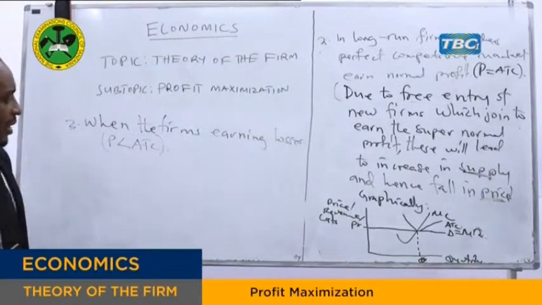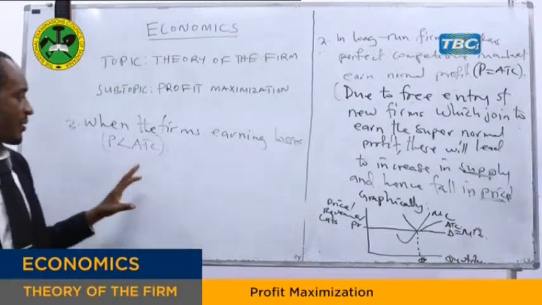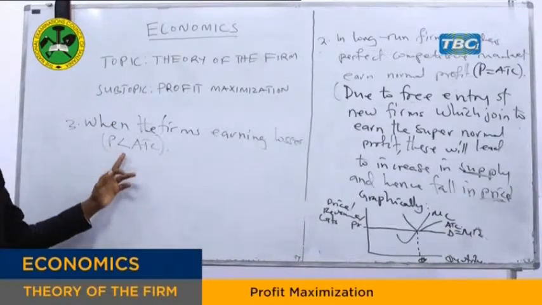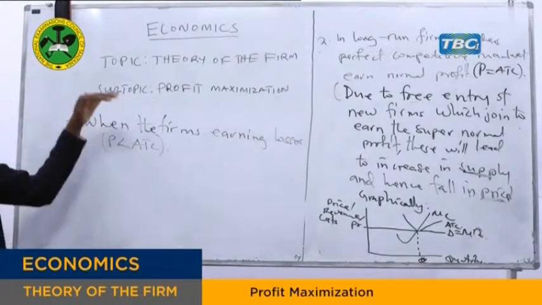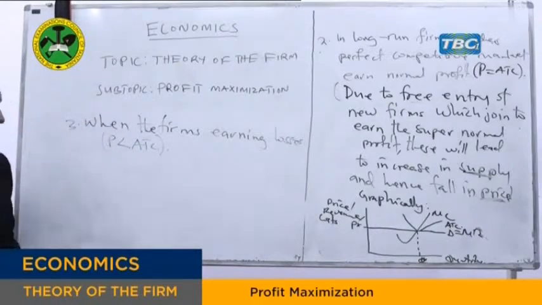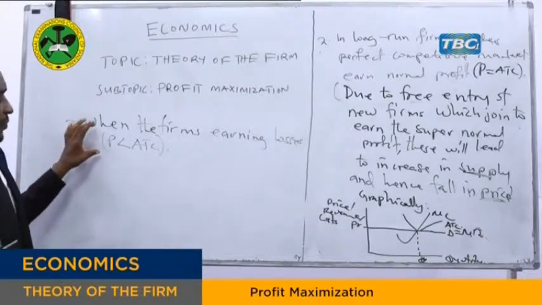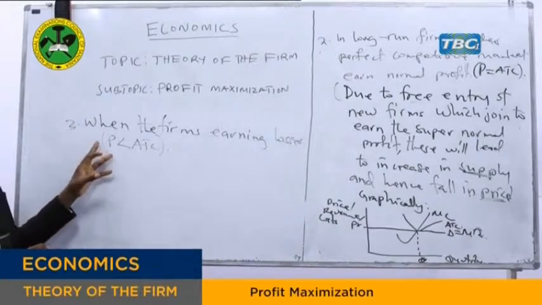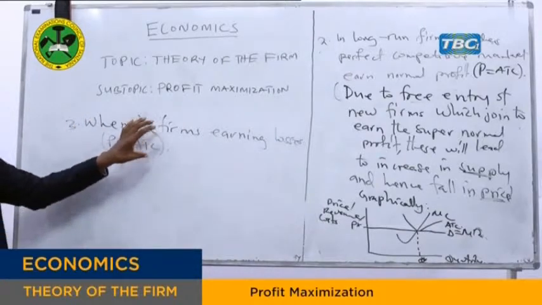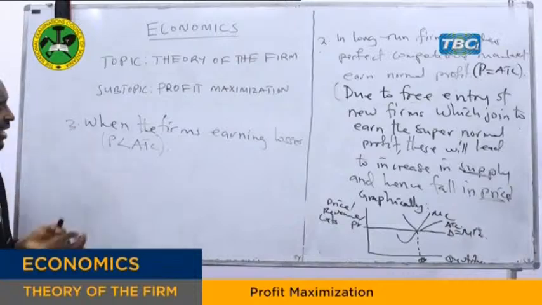So the firm under a perfect market will earn a loss when the price charged is less than average total cost. It means the average total cost will be higher than the price at which the commodity is sold. So if this situation exists, the firm will incur a loss.